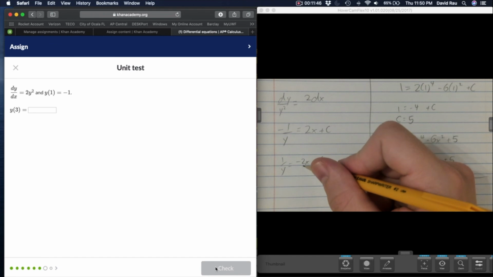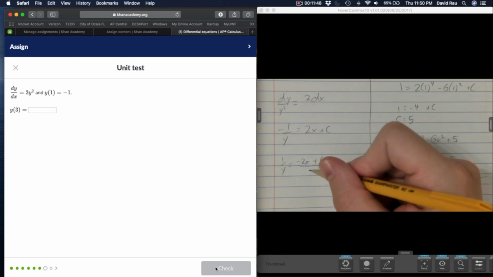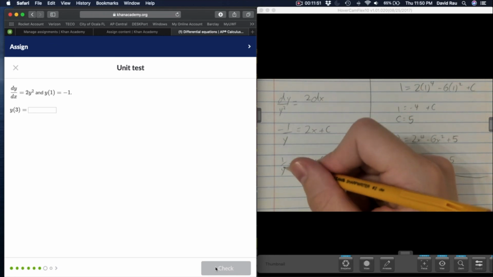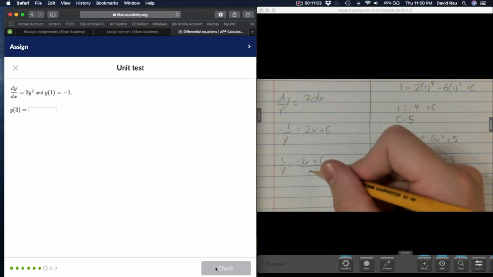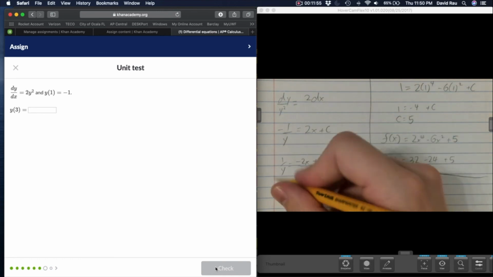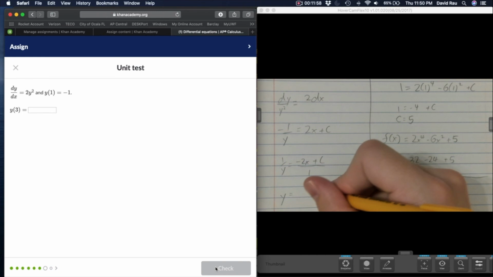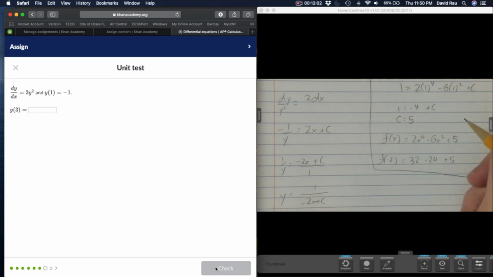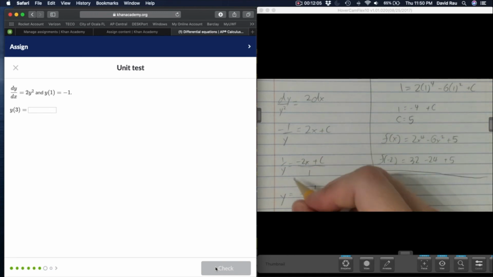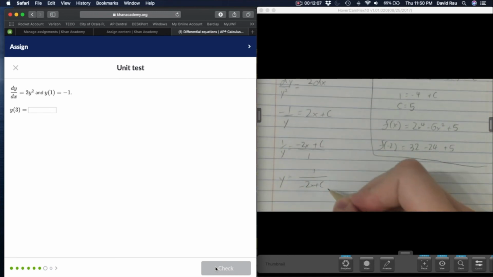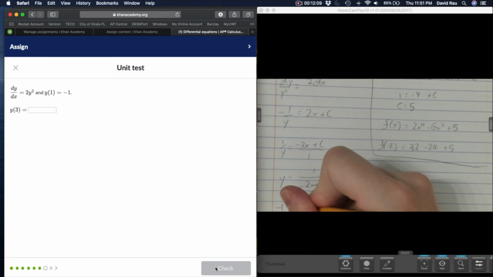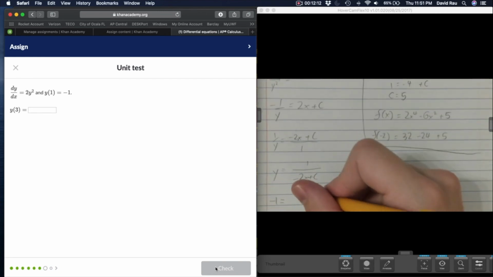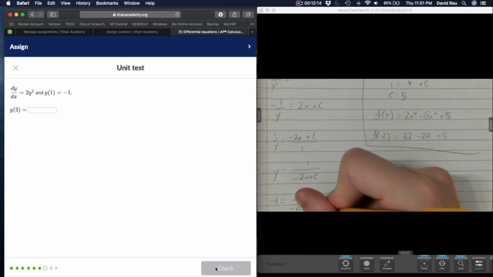Up next, here's the key idea here. All of this is technically over 1, so if we want to solve for y, we just have to flip this fraction, which means we have to flip this fraction. So now it's y equals 1 over negative 2x plus c. And we're told that y of 1 equals negative 1, so in other words, negative 1, the y value, equals 1 over negative 2 times 1 plus c.